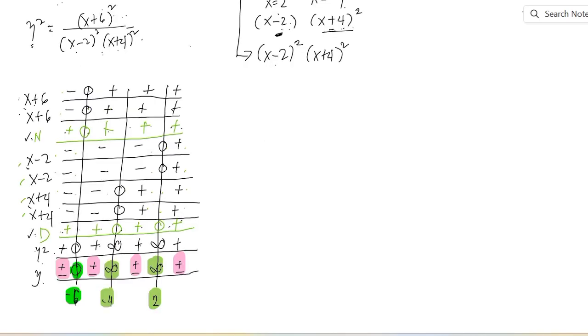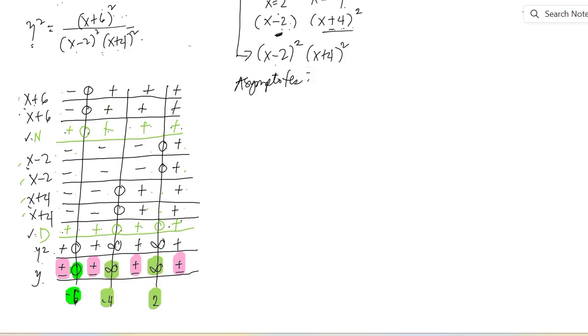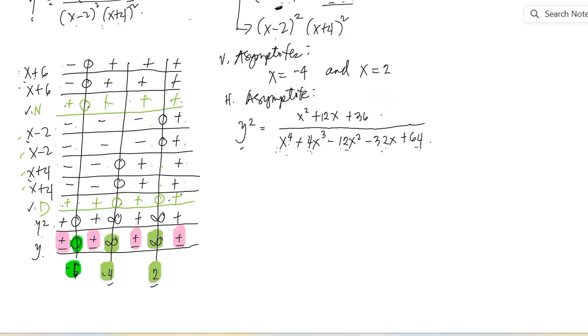Okay, so let's start with our asymptotes. For the asymptotes, we already know the location of the vertical asymptotes, that is x is equal to negative 4 and x is equal to positive 2. For our horizontal asymptote, we divide everything by the highest exponent, so that's x raised to 4.